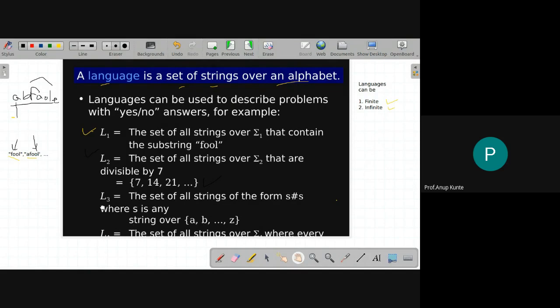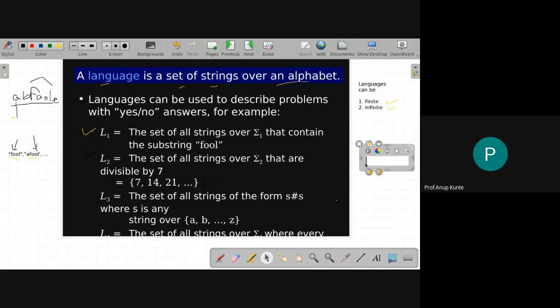Don't worry about that. But L3 is the example of the set of all strings of the form S hash S. So now what is S hash S? This string has a very important property. Here S is representing some substring and the second S is representing the same substring. So the start and end are the same substring, and in between there is a hash.